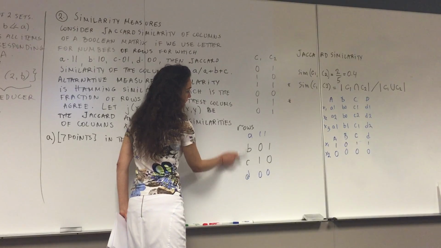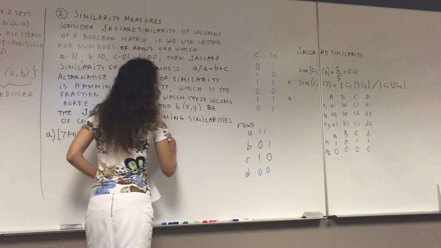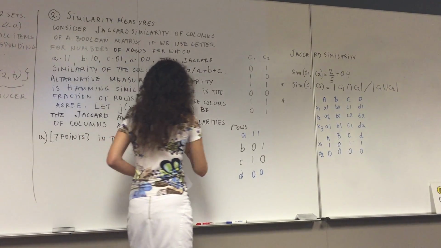These are the definitions of A, B, C, and D, which we have here as well. Then what is the formula for computing Hamming similarity?